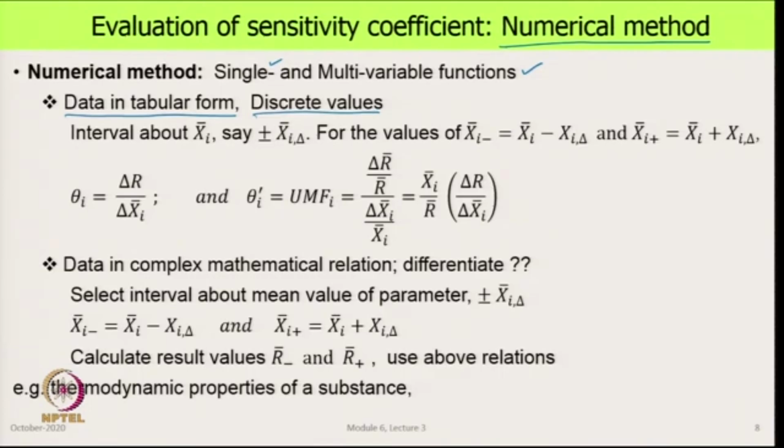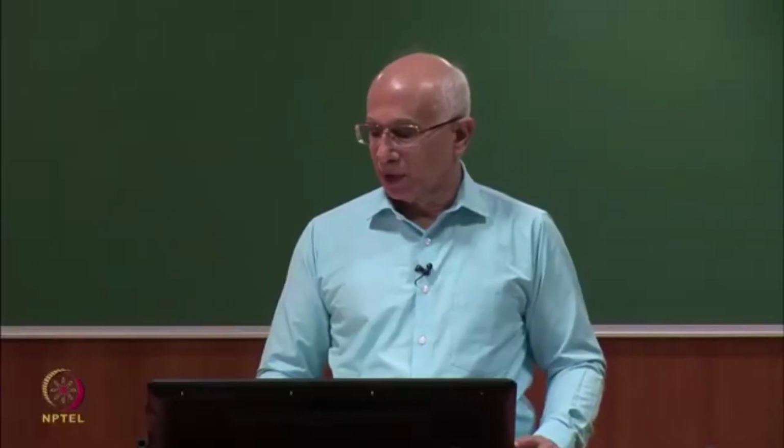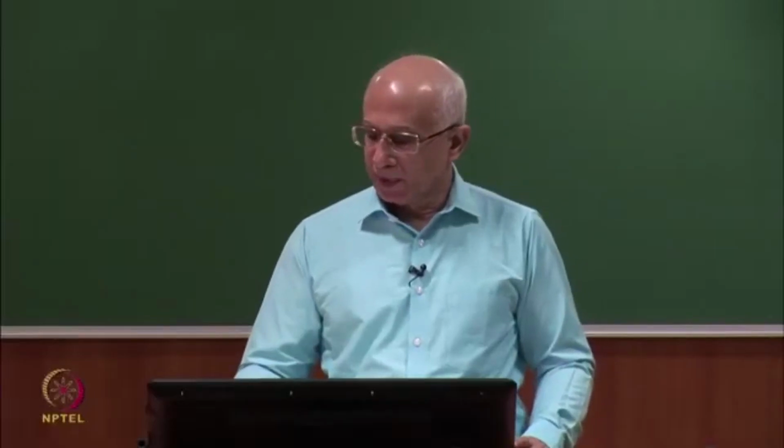An example of this could be, say, kinematic viscosity of a fluid, where there is temperature dependence, and the table will say for this temperature this is the viscosity, for this temperature this is the viscosity, and like that you would have a long table. And now you want to calculate the sensitivity coefficient at some point, some temperature over there.